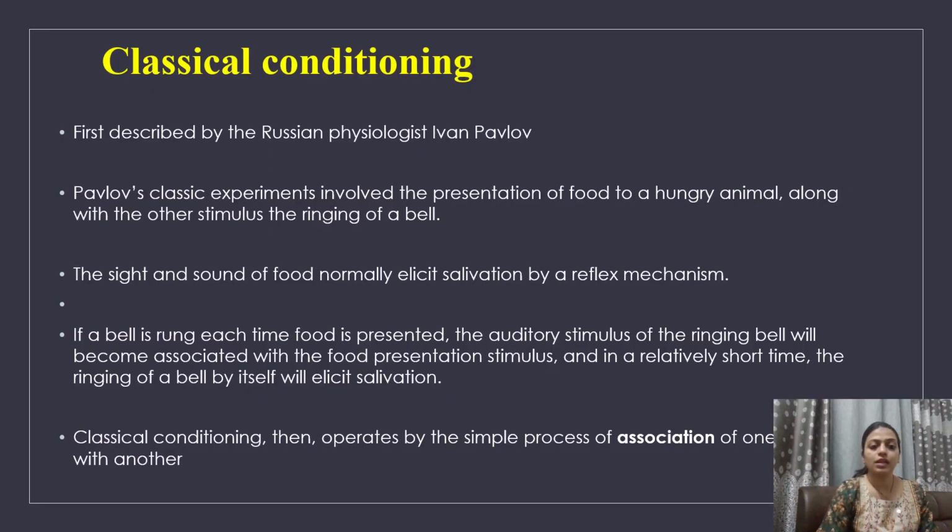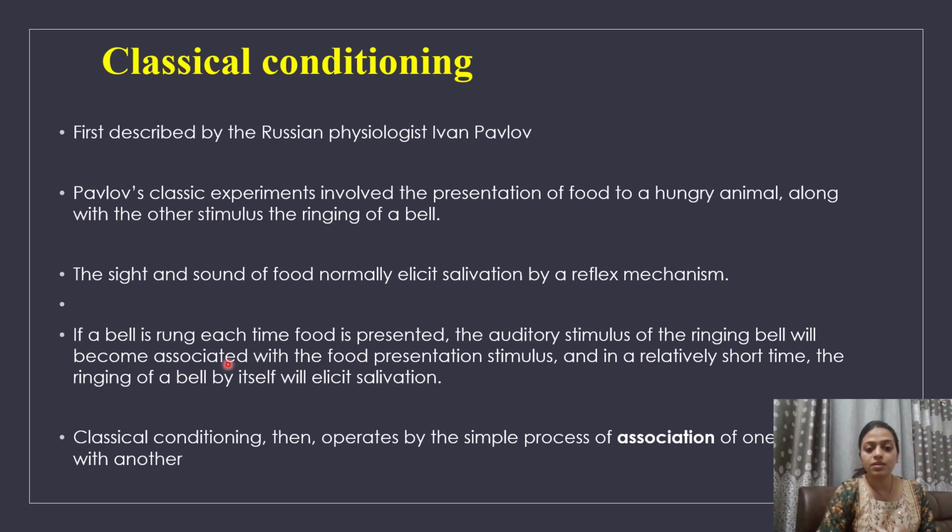So first of all, classical conditioning. It was first described by Ivan Pavlov. Pavlov conducted experiments which involved presentation of food to a hungry animal, a dog, along with another stimulus like ringing of a bell. The sight and sound of the food normally elicits a reflex mechanism, that is salivation.